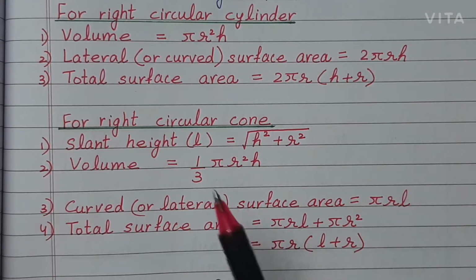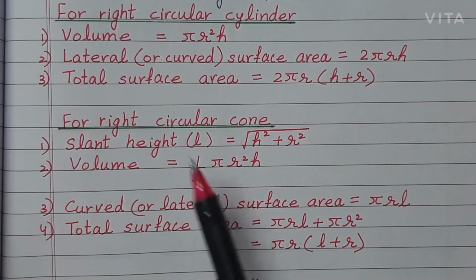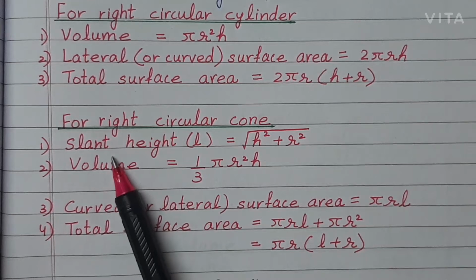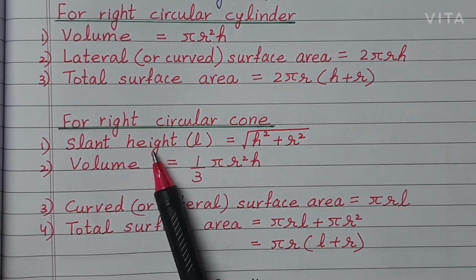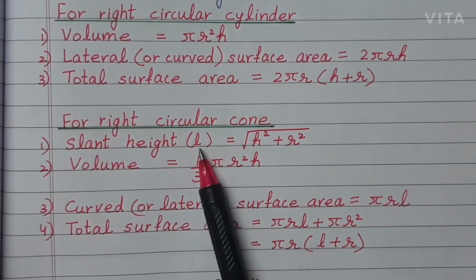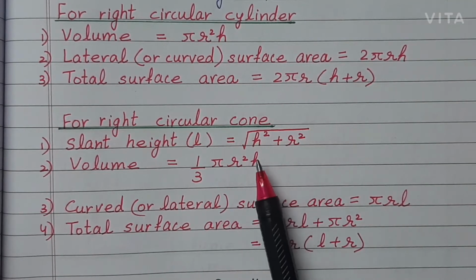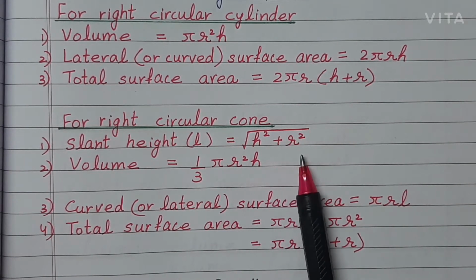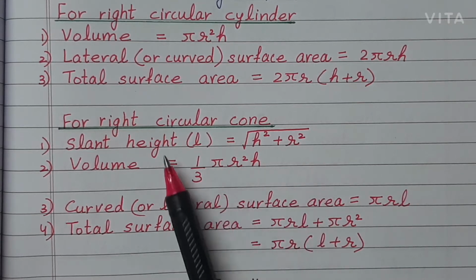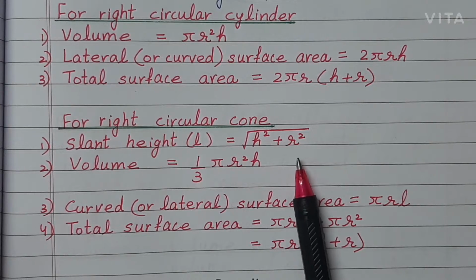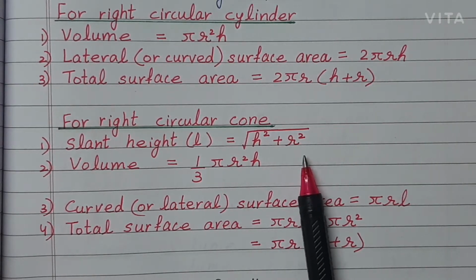Now, let us discuss the right circular cone. Here, slant height, that is l, is equal to square root of h square plus r square. I hope you remember how to calculate this value by using Pythagoras theorem.